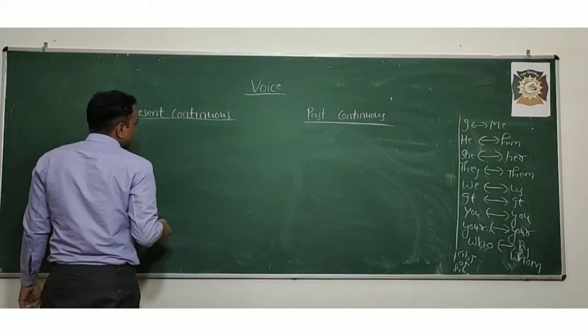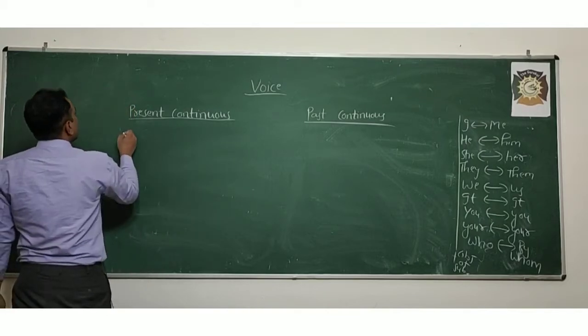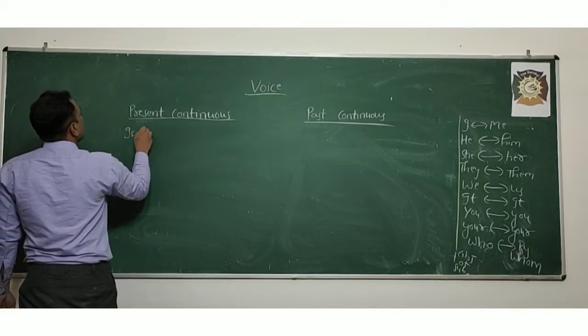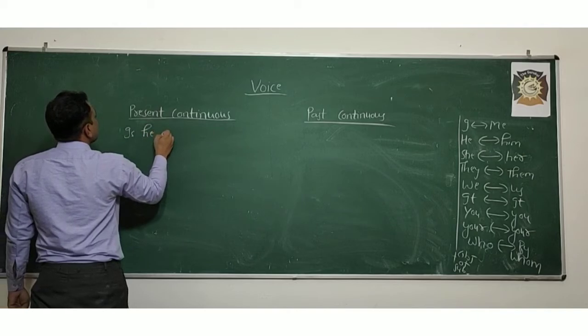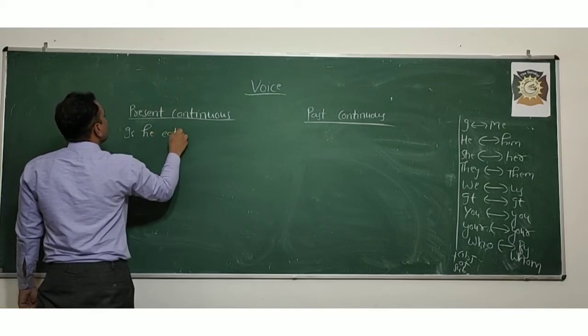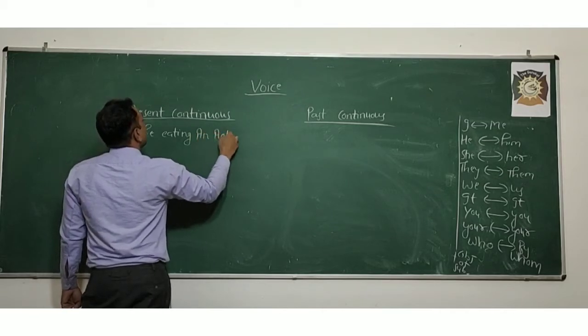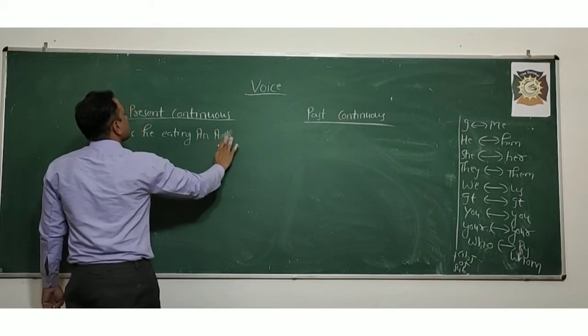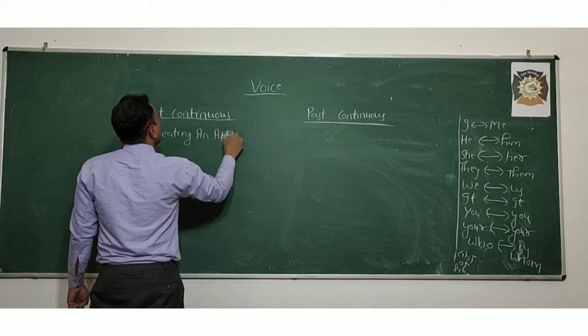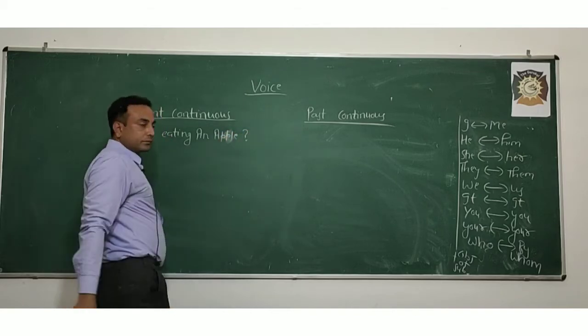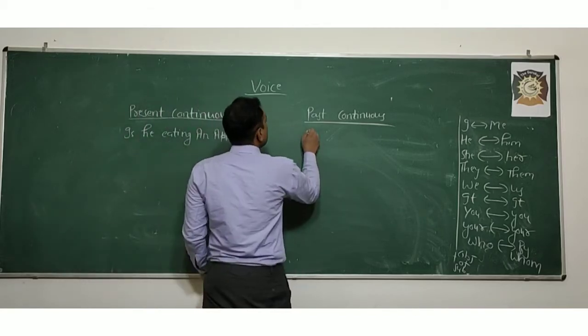So the first sentence is: is he eating an apple? Is he eating an apple? Question mark. Same is the case here.